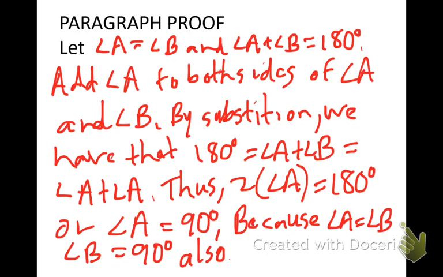And then add angle A to both sides of angle A equals angle B. By substitution, we have 180 equals angle A plus angle B, which equals angle A plus angle A. Thus, 2 times angle A equals 180, or A equals 90 degrees. Because angle A equals angle B, angle B equals 90 degrees also. Paragraph proof.